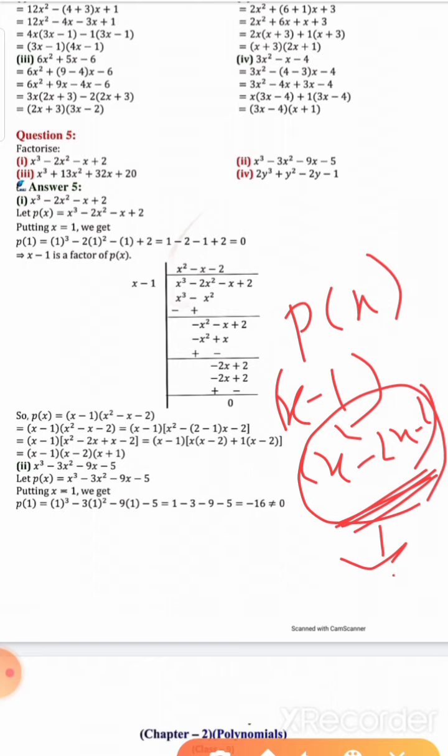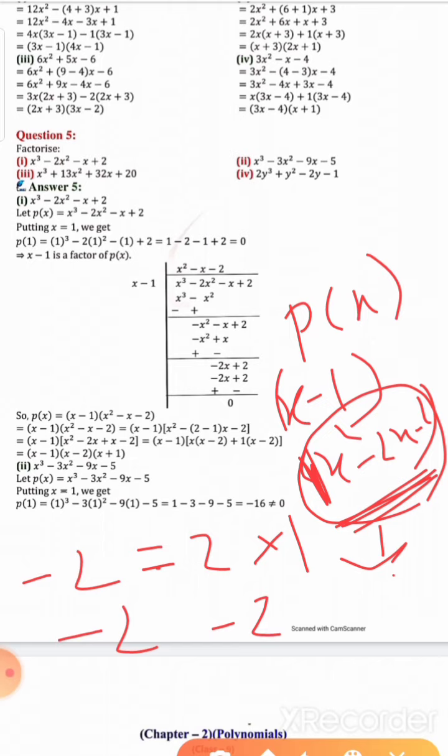In the next step we multiply the coefficient 1 into minus 2, we get minus 2, and the middle term is minus 1, so we use 2 into 1, but we want the product negative, so we use minus 2 and plus 1, and we get the middle term as minus 1.